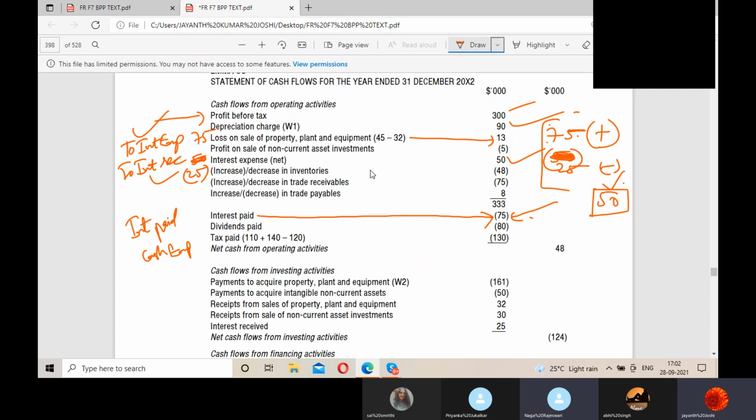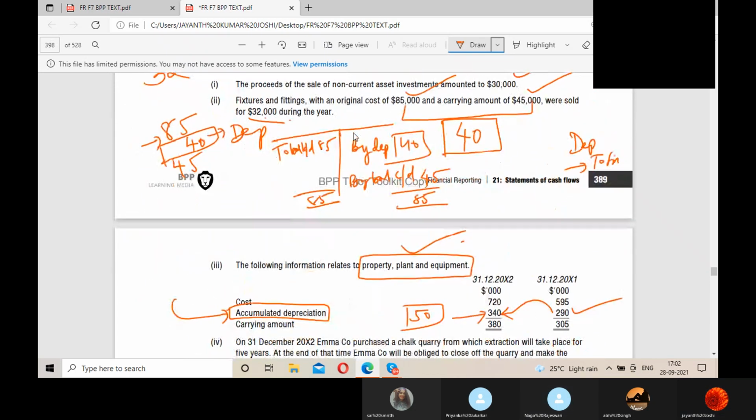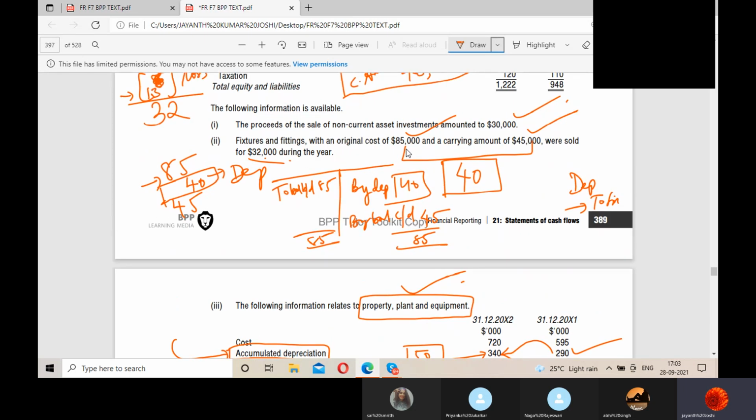No, what's your doubt? There's no confusion. It's very simple. You have profit before tax 300, and depreciation charges we have already discussed. You should read the question very clearly. Fixtures and fittings: your fixtures and fittings is how much? 85,000.